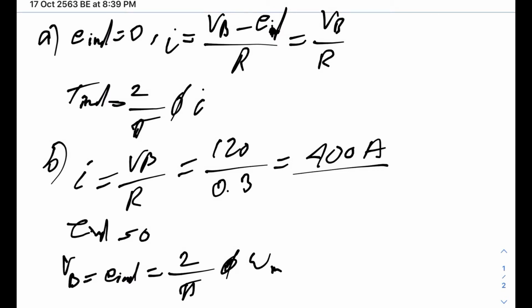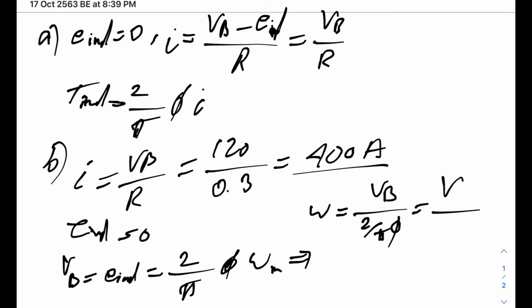Now we need omega, so we have to rewrite these equations. Omega equals VB over 2/π times flux, which is equal to VB over 2 rLB.